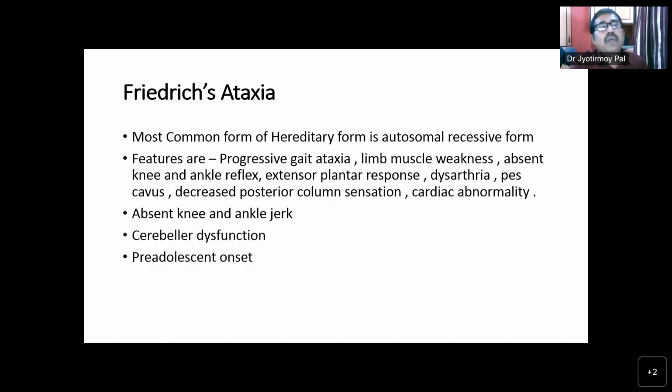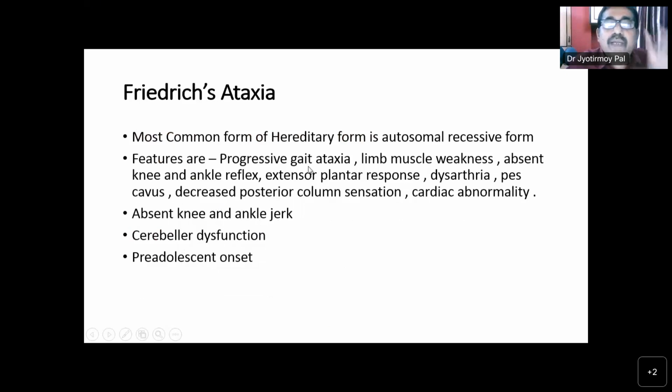Just one point to add in Friedreich's ataxia. This genetic disorder we will not discuss today, but one point is very important: if you get cerebellar dysfunction with absent ankle jerk and pre-adolescent onset, you think the patient may have Friedreich's ataxia.